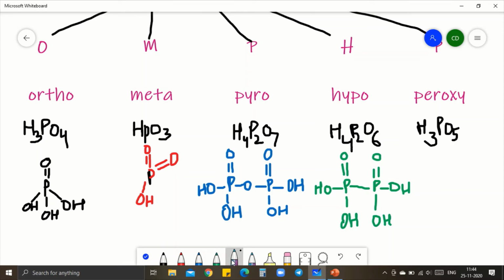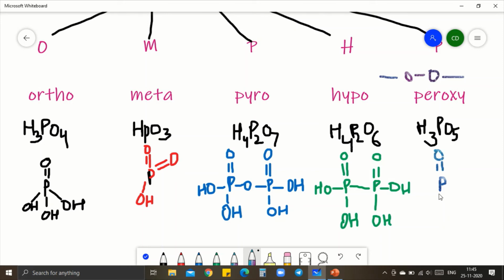Coming to peroxy. What is peroxy? If two oxygens are side by side, this bond is called a peroxy bond. So how to draw this? Let's see. One phosphorus atom with double bond O is compulsory.